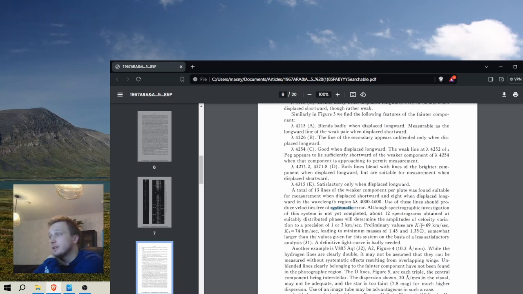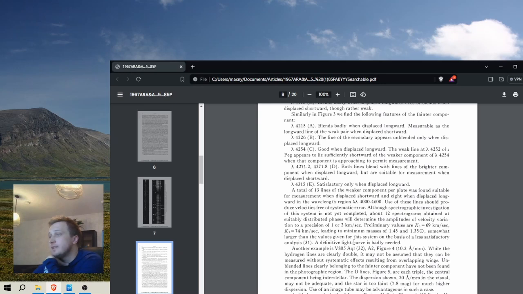Preliminary values are K1 69 kilometers per second, K2 74 kilometers per second, leading to minimum masses of 1.45 and 1.35 sun masses, somewhat larger than the values given for the system on the basis of a less satisfactory analysis.